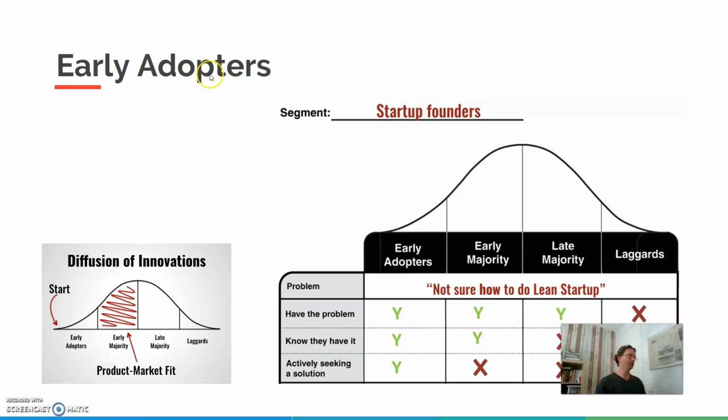If your early adopter category is, for example, startup founders, then those startup founders will have the problem you're addressing. They know they have it, and they will also actively seek the solution. For example, they will sign up for newsletters. Therefore, the early adopter category is a very, very important category for startup companies.